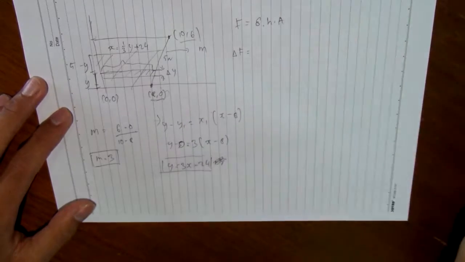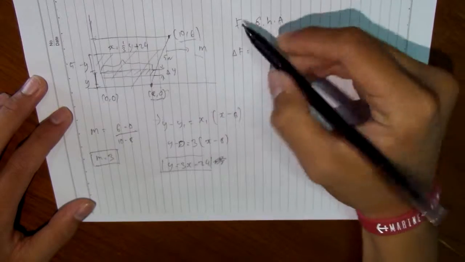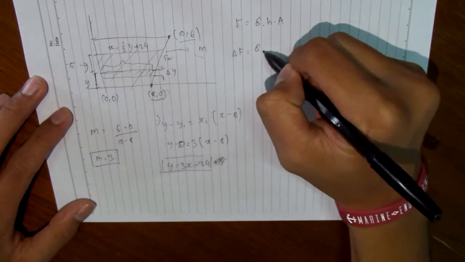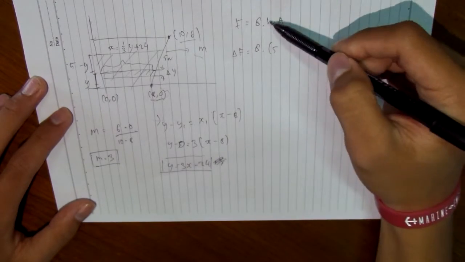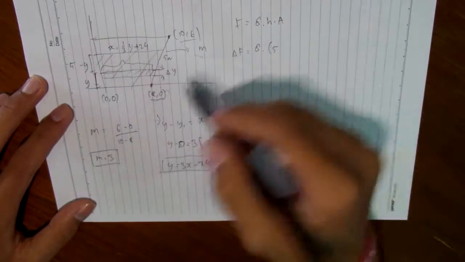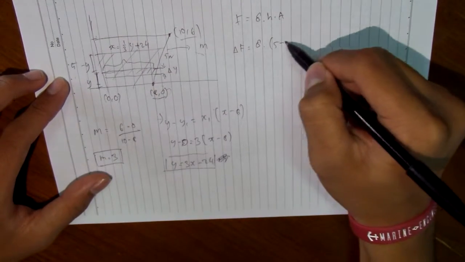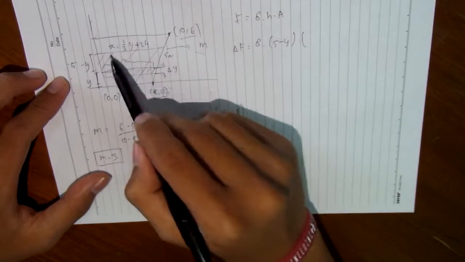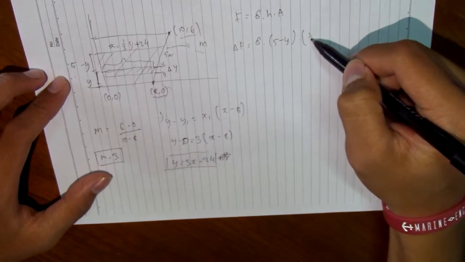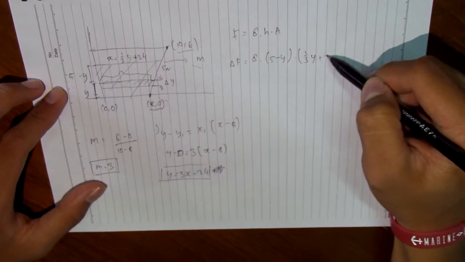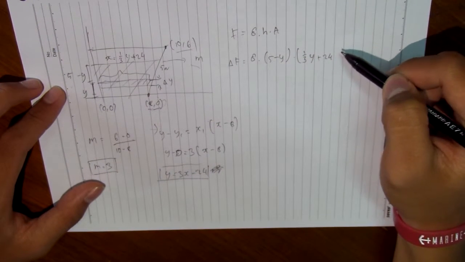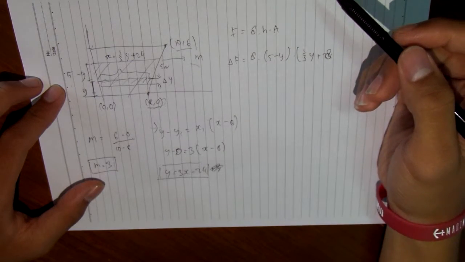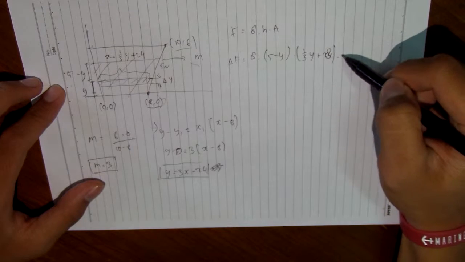So the formula for force would be density times the height, which is 5 minus y, and then times the area, which is the x, 1/3 y plus 8, and times delta y.